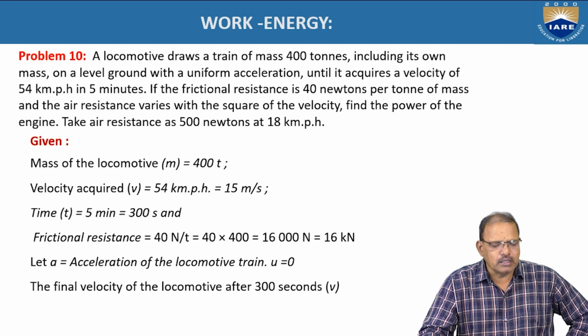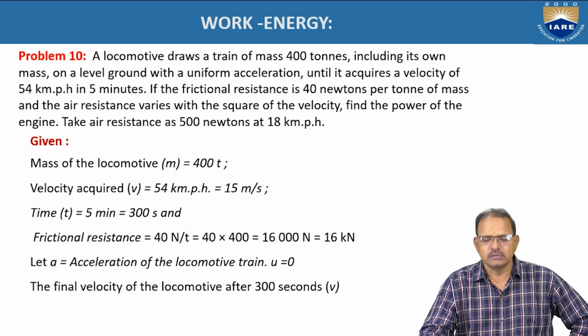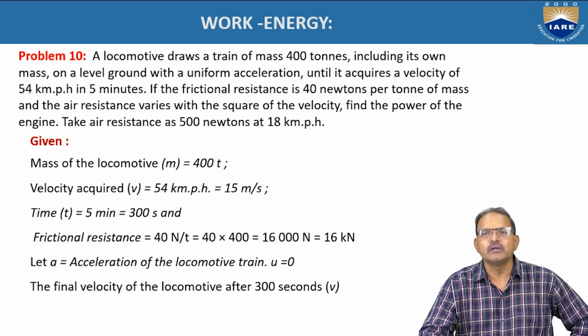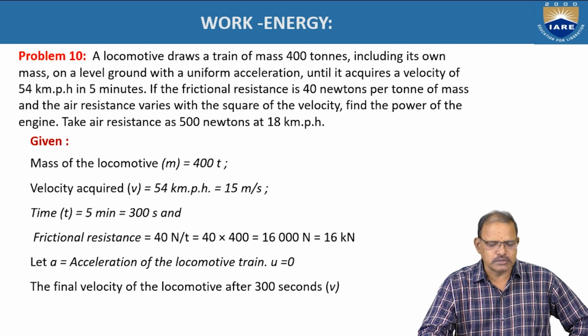Problem number 10. A locomotive draws a train of mass 400 tons, including its own mass, on level ground with uniform acceleration until it acquires a velocity of 54 km per hour in 5 minutes.